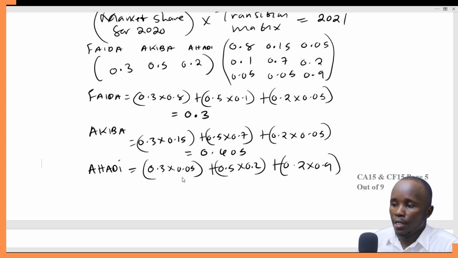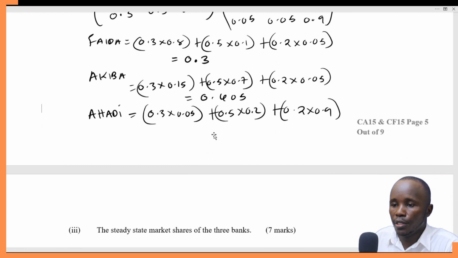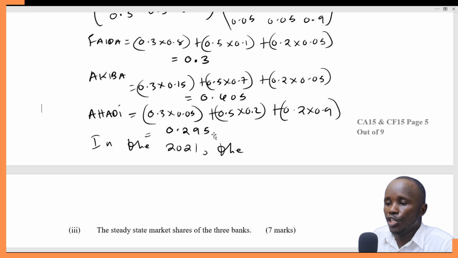When you work this out, you'll find that the share is 0.295.